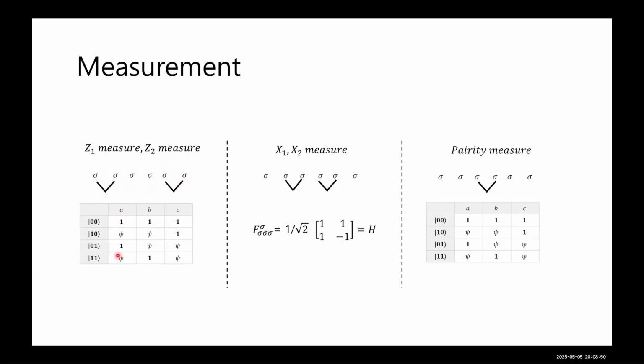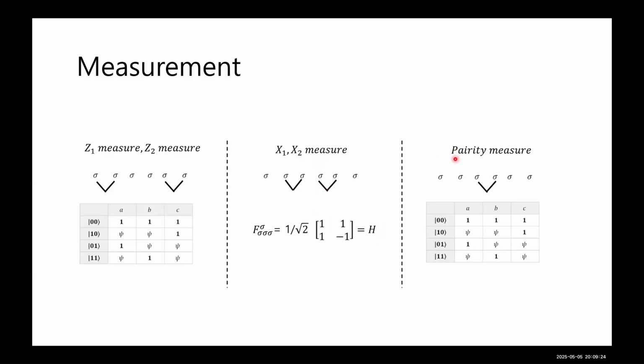As I mentioned, those fusion results correspond to the qubits. So their result is going to be G1 and G2 measure. And if we want to make X1 and X2 measure, we don't have to make a braiding. Actually, what we have to do is change their fusion location. If we change their fusion location to here, it is the same as implementing the F matrix here. As I mentioned, the F matrix is the same as the Hadamard gate. So the result is going to be X1 and X2 measure.